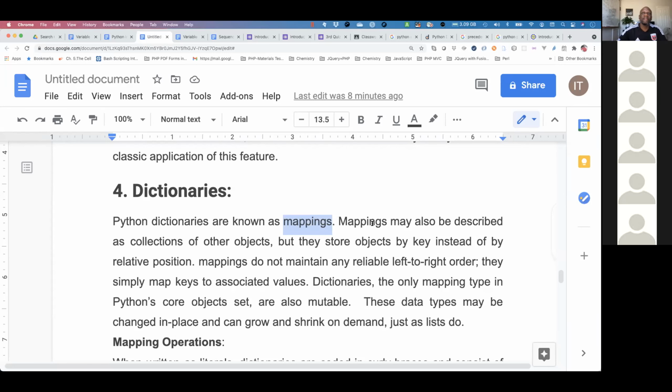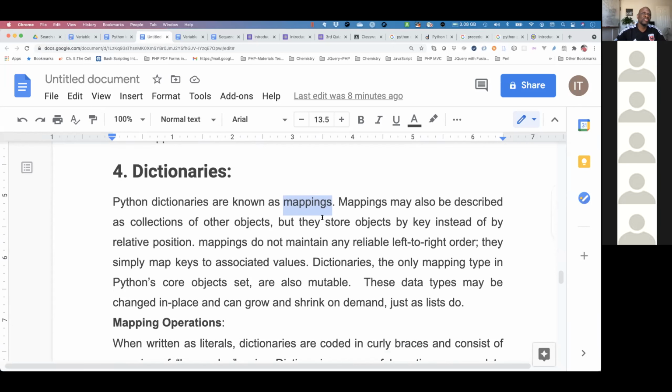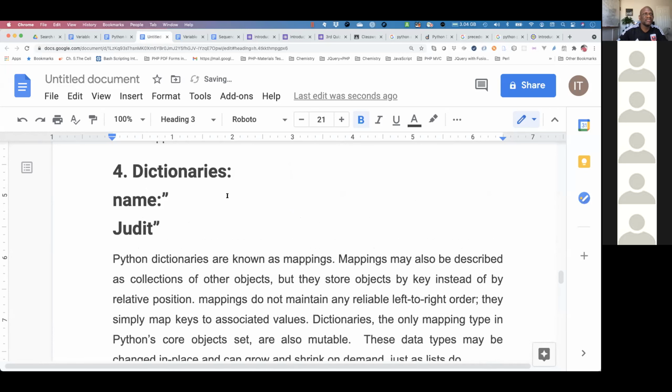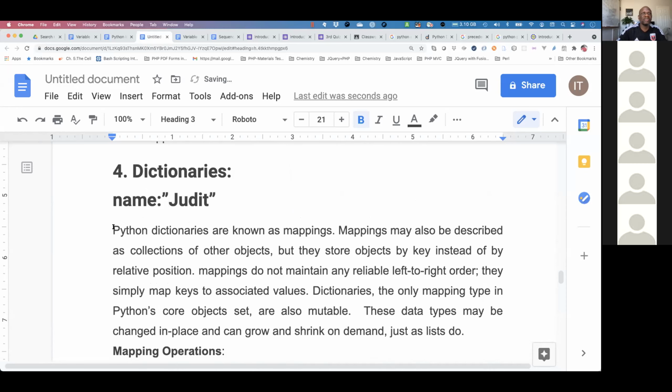So mappings may also be described as collections of other objects. They can store objects by key instead of by relative position. So we have somebody's name, let's say name, and then we put Judith, okay? Maybe small, like this.